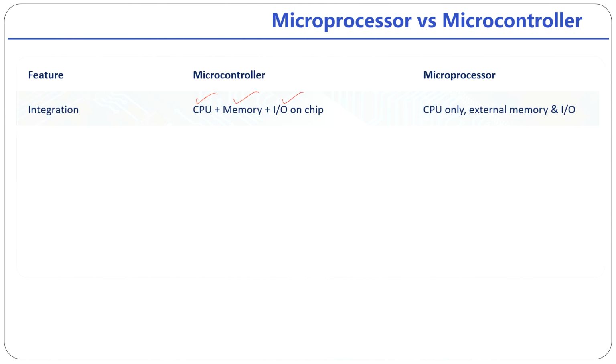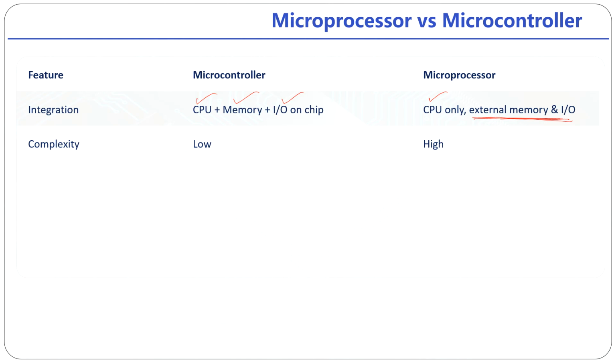In addition to this, some of the resources required for a particular application are also available on the integrated IC. Whereas for a microprocessor, only the CPU will be available, and the remaining are externally connected. All the resources required for a particular application should be connected externally, including memory and I/O ports also.